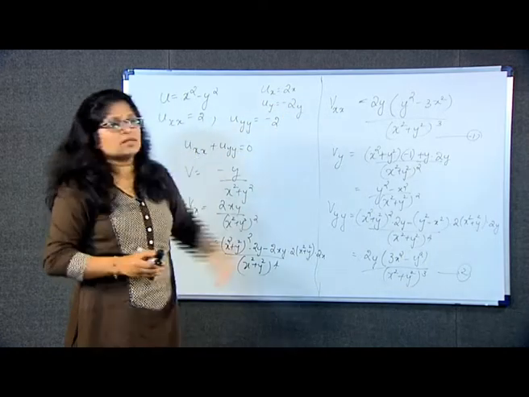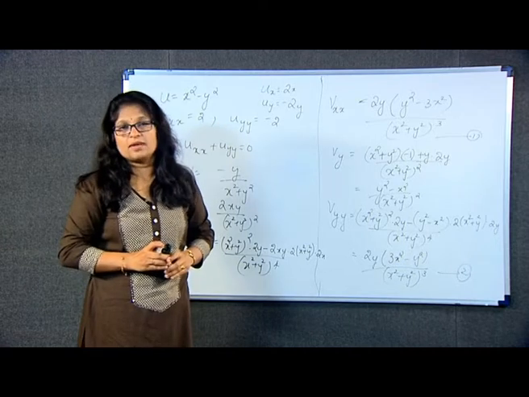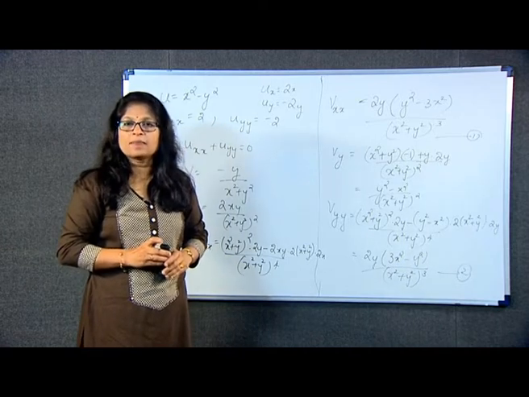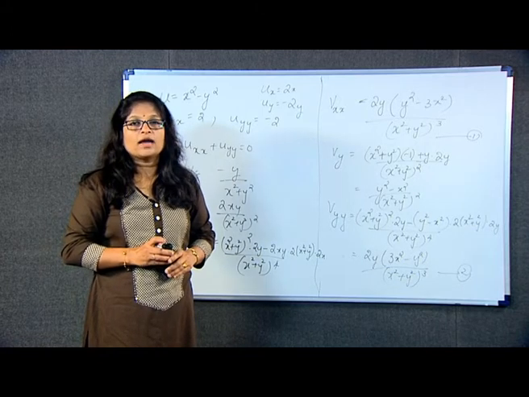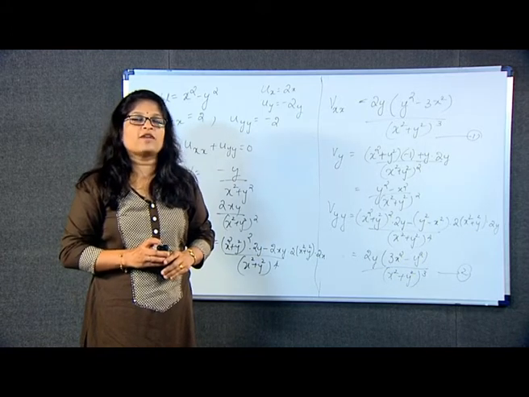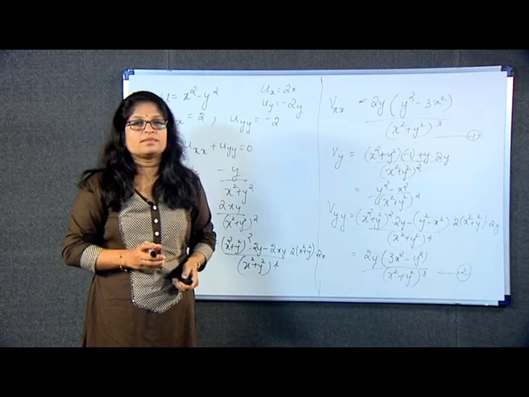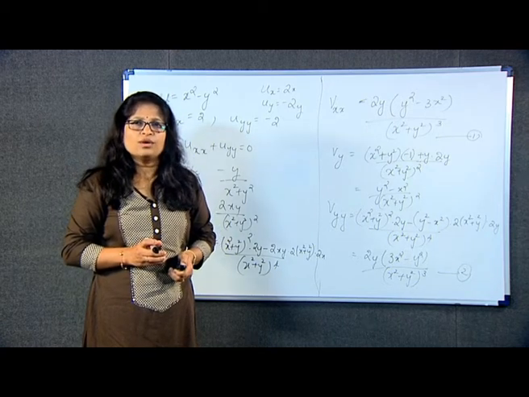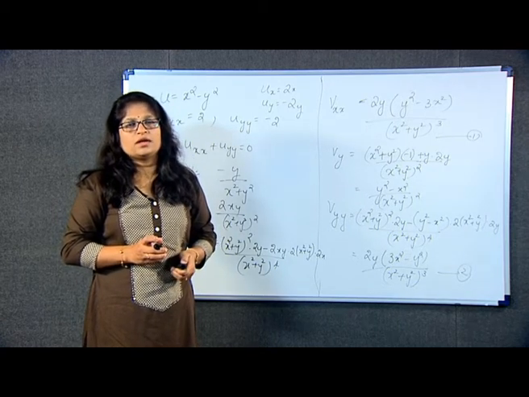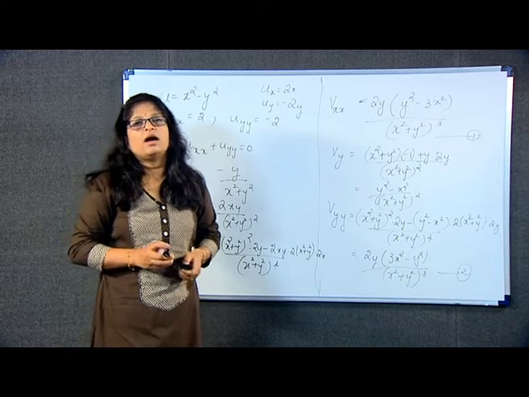So your ux does not match with your vy and uy is not equal to minus vx. That means the CR equations are not satisfied and hence u plus iv cannot be analytic. So it does not mean that any two harmonic functions written as u plus iv will be an analytic function.